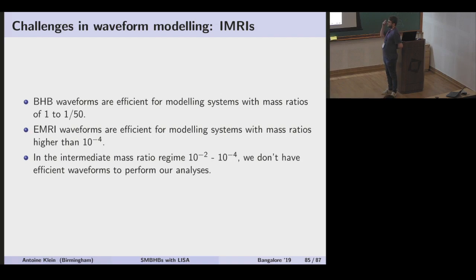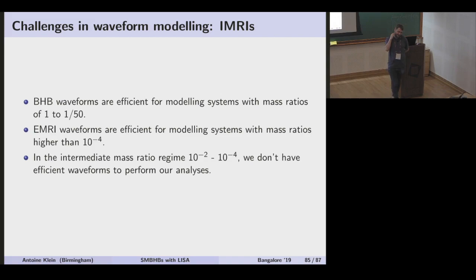EMRI waveforms, on the other hand, are very good, but already to have efficient models for 10 to the minus 4 mass ratio, you need this second order in the mass ratio waveforms, which is very, very hard to compute.